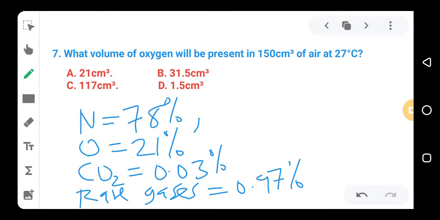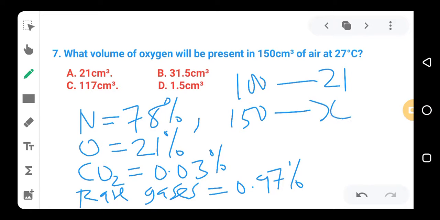So if 100 cm cube of air will give us 21 cm cube of oxygen, 150 cm cube of air will give us how many?